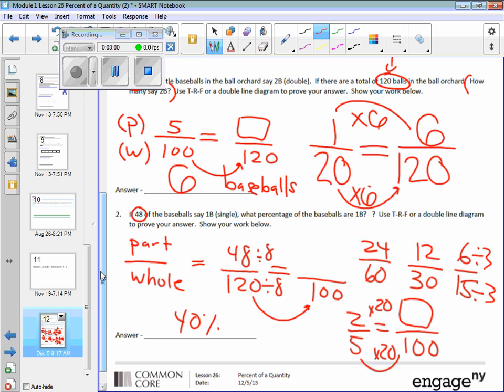So I always say start off easy. If they're both even numbers, which 48 and 120 were, divide them by 2, and keep downscaling it until you cannot reduce it any further. So 40% of those 120 baseballs say single on it. We good? All right.